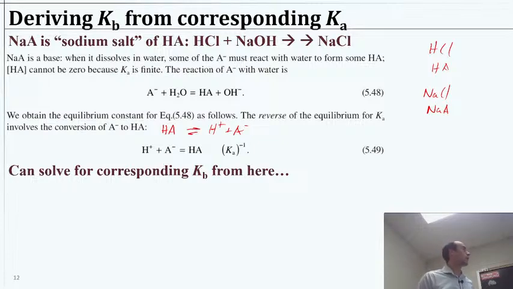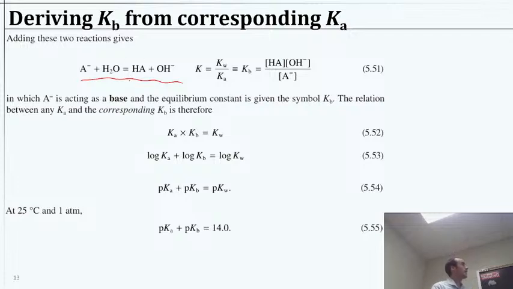If we add those two equations together, we get this guy. Then we solve for a K and call it Kb. The products over the reactants here: HA times OH- divided by A-. H2O goes to 1 in this type of equilibrium equation. And this is our Kb.